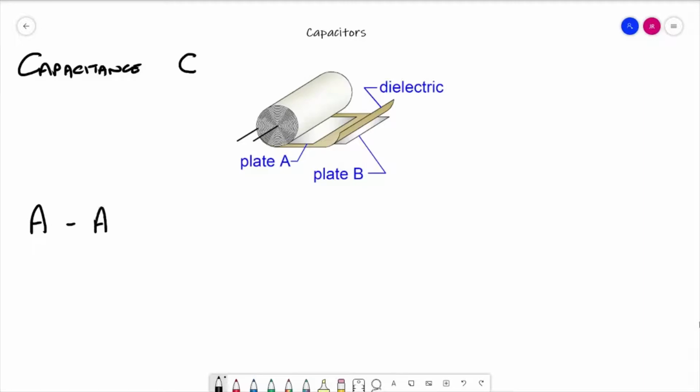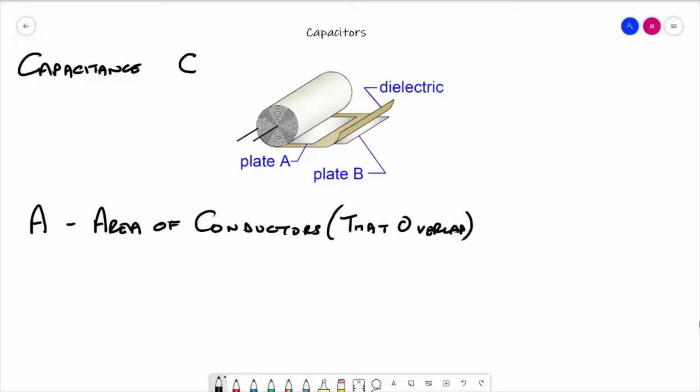So A is the area of the conductors, and in fact, if we're going to get even more technical, it's the area of the two conductors that overlap with each other. And as we increase that area, we should therefore increase the capacitance as well.